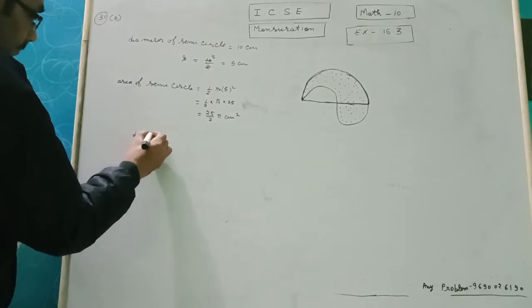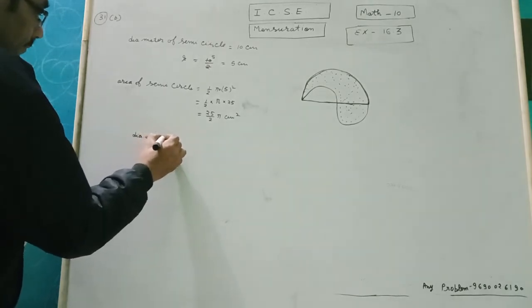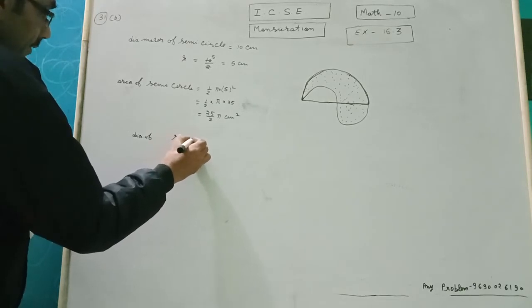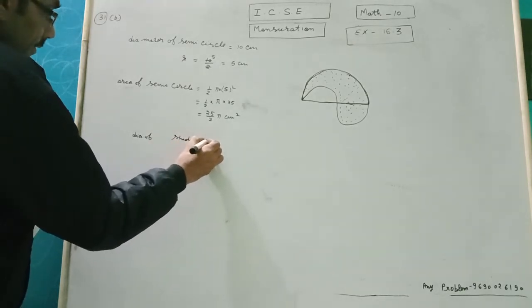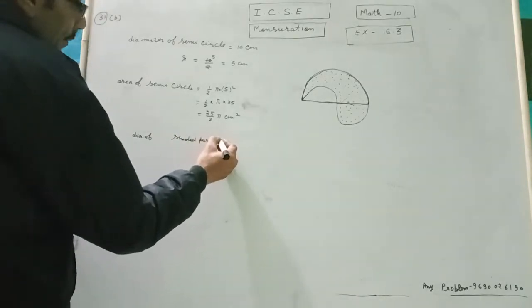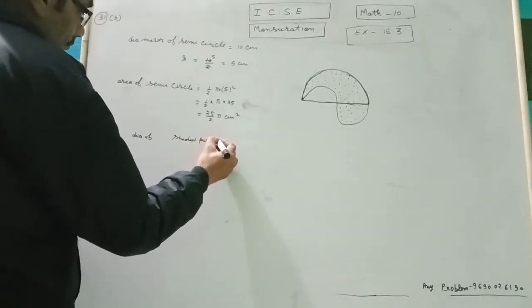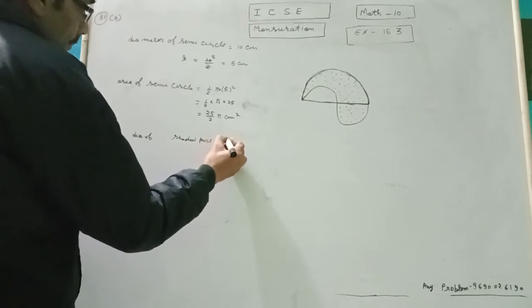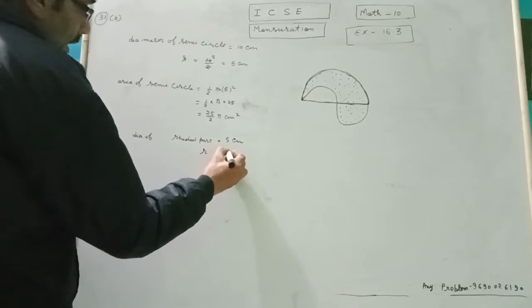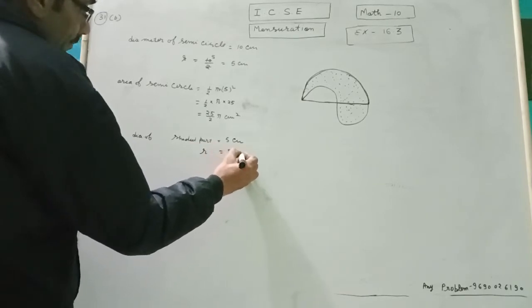Diameter of the shaded part is the same as the first part, 5 cm, then r is equal to 5 upon 2 cm.